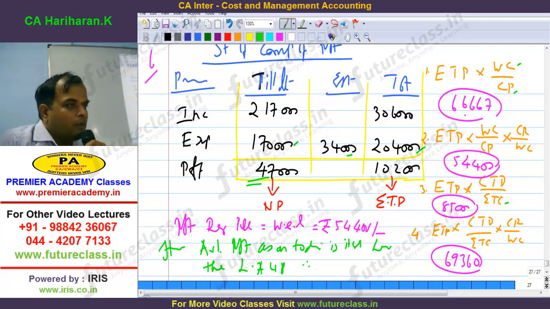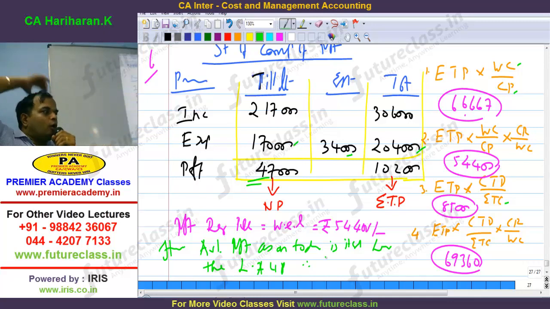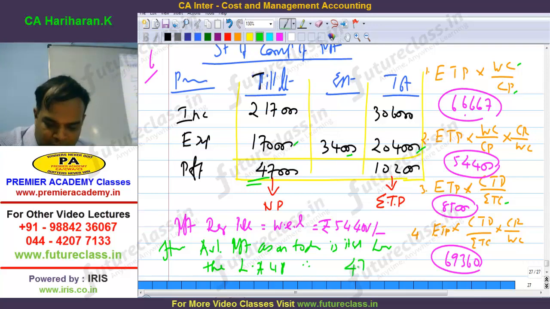Therefore, profit to be recognized in the P&L account is restricted to notional profit of rupees 47,000. So we have to recognize only 47,000 alone. I'll repeat once again.